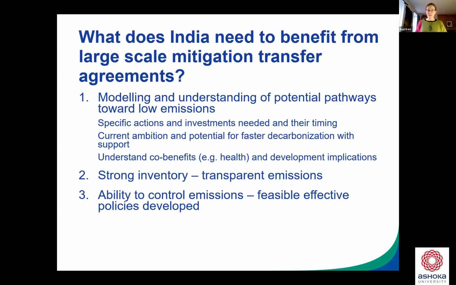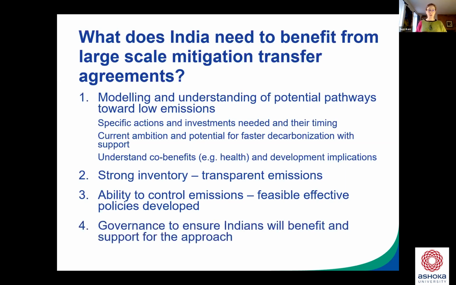So there's no gain to India, but there's also no benefit of being able to buy credits for the other countries. So developing the policies, working out what the policies are that are actually feasible in India's situation. And governance of the agreement and of the actual implementation process, so that we're sure that all Indians will benefit and will give support to this approach.